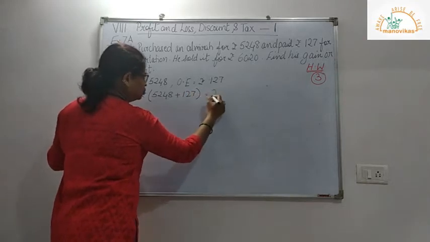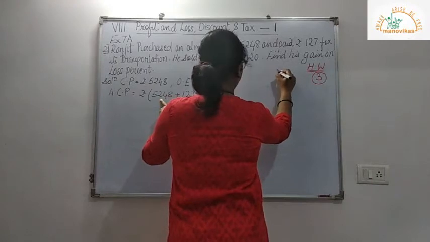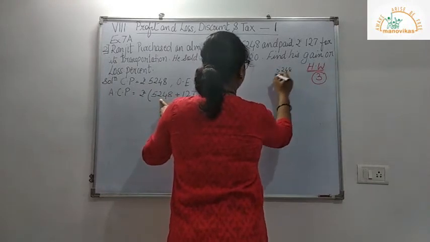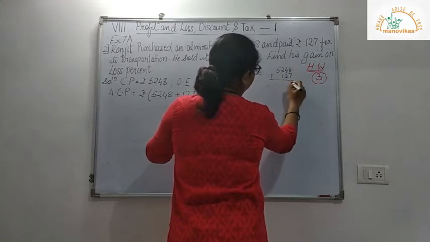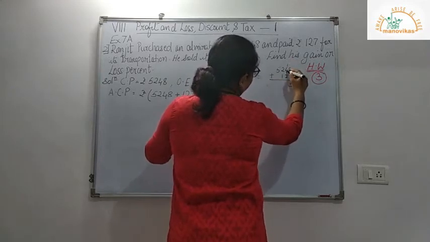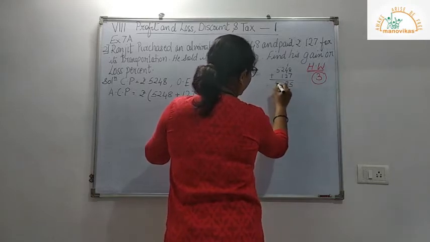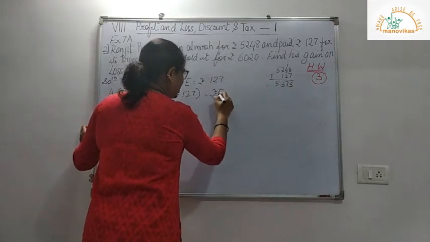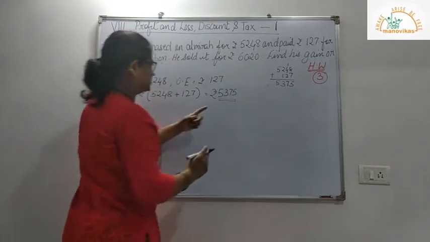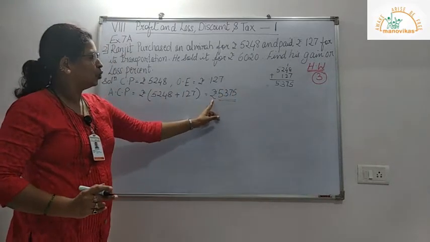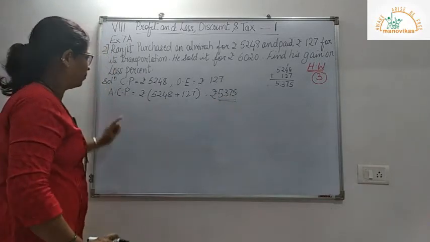So we'll add this now. I have 5248 plus 127. So 5, 7, then 3 and 5. So I get 5375. So my actual cost price is rupees 5375.